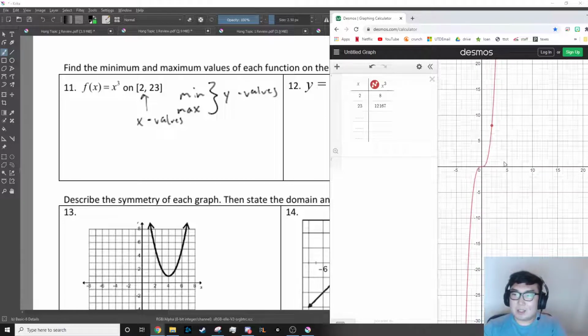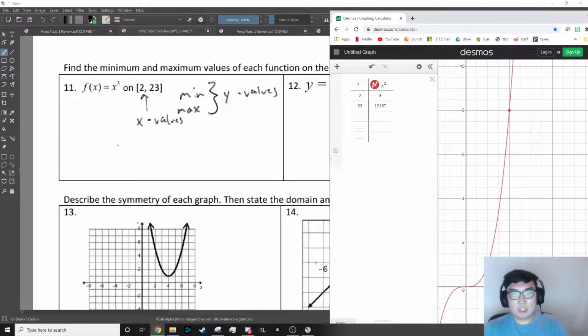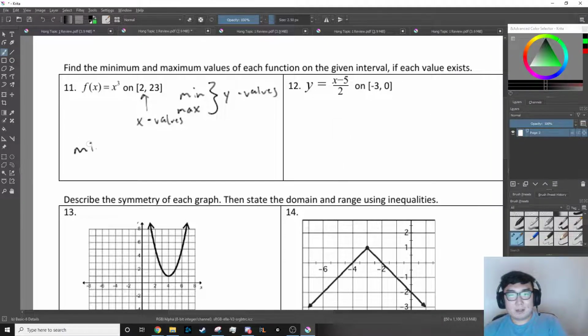So I know that 2 is going to be my smallest value, which is 8, which shows me my y value right here. So my min is going to be 8, or you can write it as an ordered pair, which I recommend because it has more information. It won't hurt you.